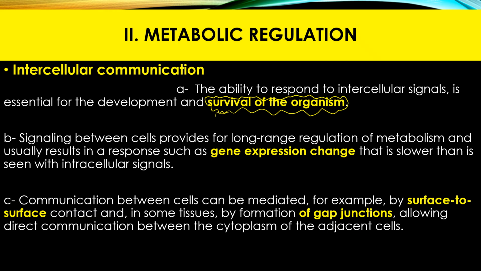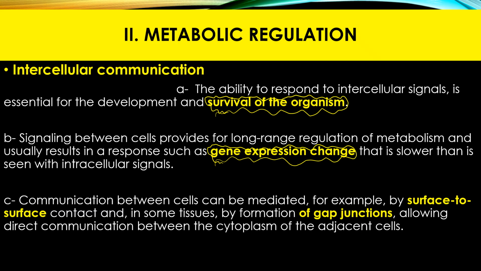The second difference between intra and inter is that intercellular communication mostly affects gene expression change. So in intracellular, mostly the enzyme inhibition or enzyme activation is done, but in the intercellular communication, a gene can be turned on or off by receiving a signal from the extracellular domain.